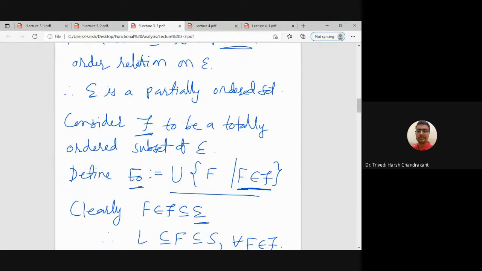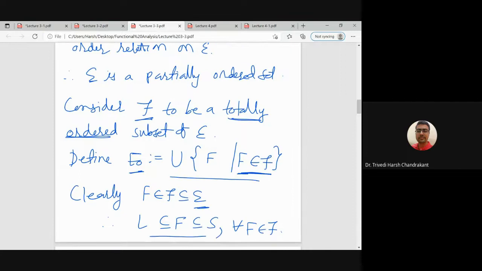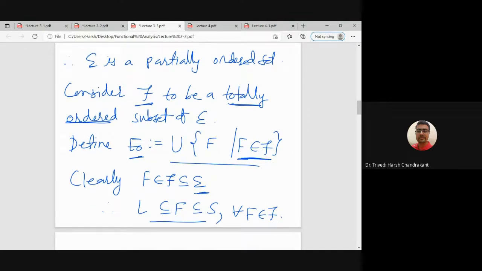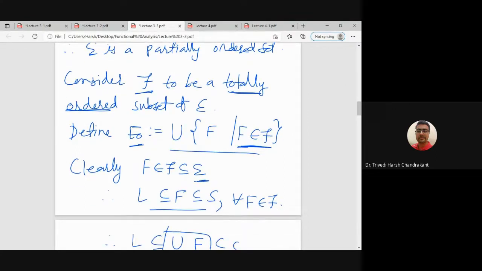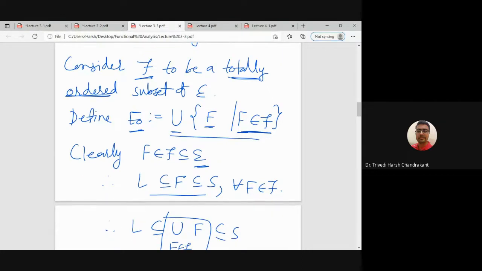In this family E, we consider an arbitrary chain F. For this arbitrary chain F, we take the union of all those sets and form the set E0.